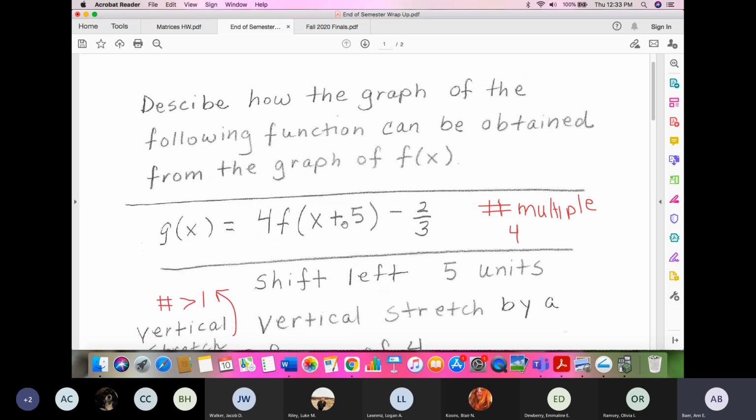So we've looked at what happens if we add or subtract a number next door to the x. We've looked at what happens if we add or subtract a number down the street. What we haven't looked at is what happens to a graph if you multiply by a number in front.